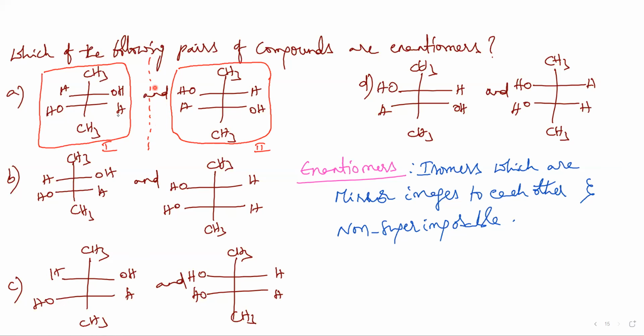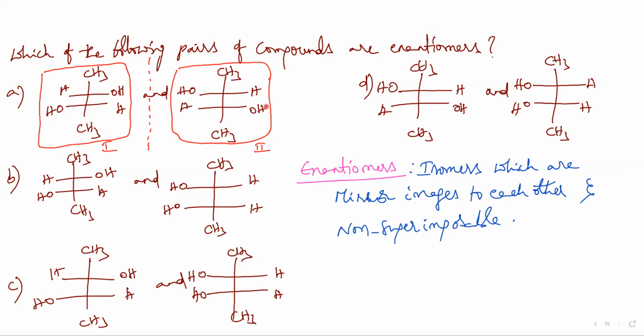If you bring this molecule and place over this molecule, here which group is present? Alcohol, OH group, right? So this group will fall here. Here, what is that group? Hydrogen. Both are matching? No, sir. Now here, this hydrogen will fall over this OH, right?